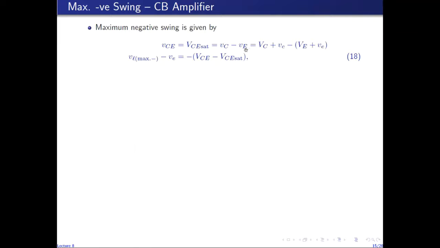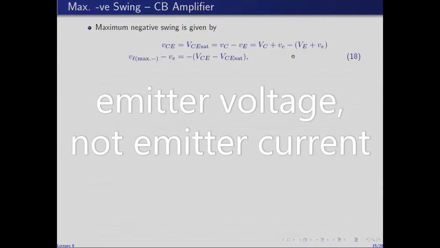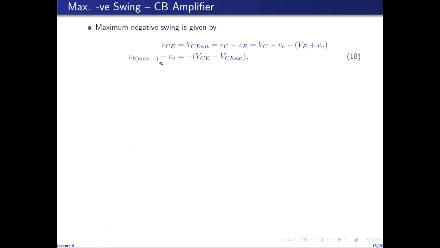VCE is VC minus VE. VC is the DC component of VC plus the small signal AC component of the collector voltage. VE has a DC component and an AC component. So the small signal AC component of the collector voltage is equal to VL, which under this condition is denoted by VL maximum negative. And the small signal AC component of the emitter voltage, because of this negative sign, becomes negative.